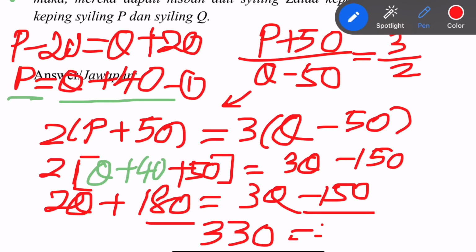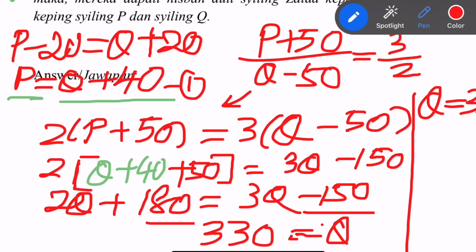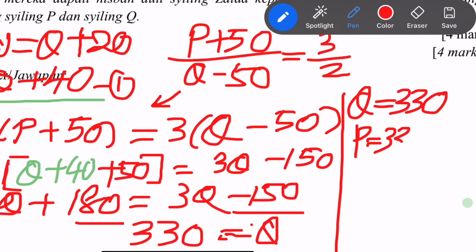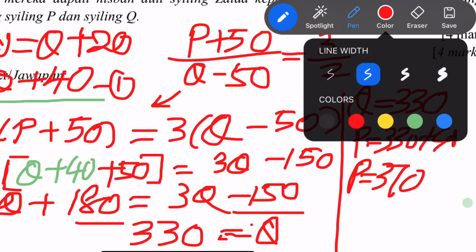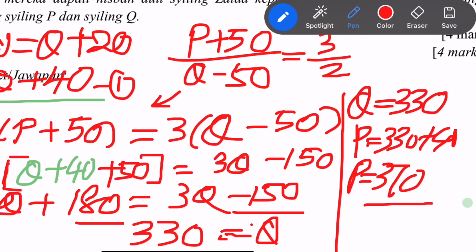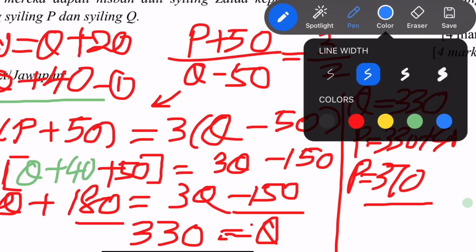So that means Q has 330 coins, and with Q you can find the coins for P. The coins for P are 330 plus 40, so the answer is 370. Right, so we have managed to solve the HOTS question, which is very challenging.